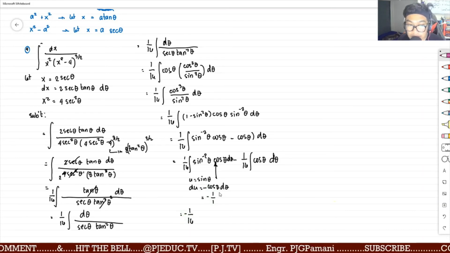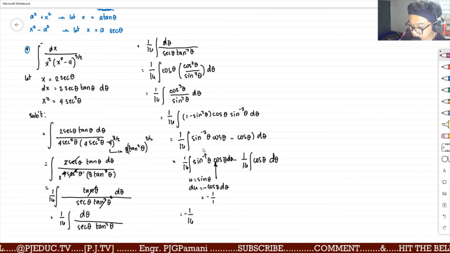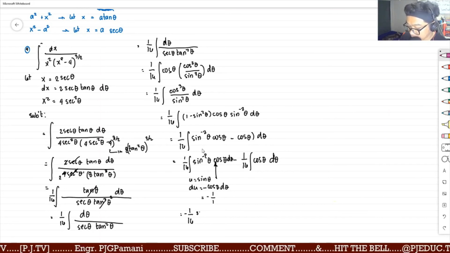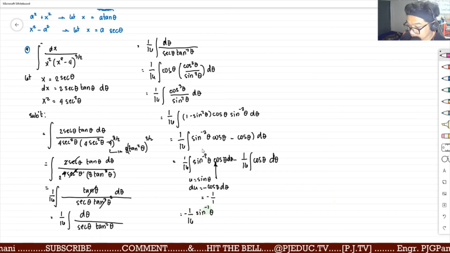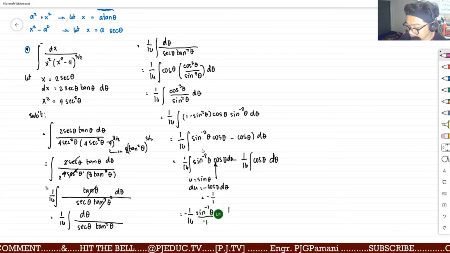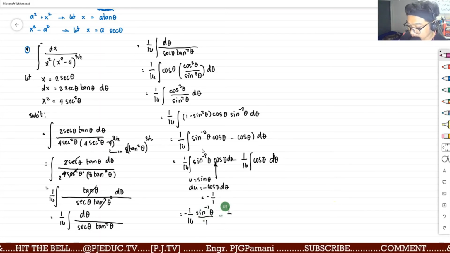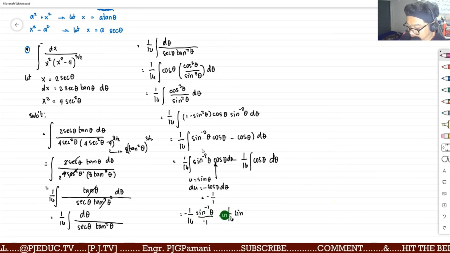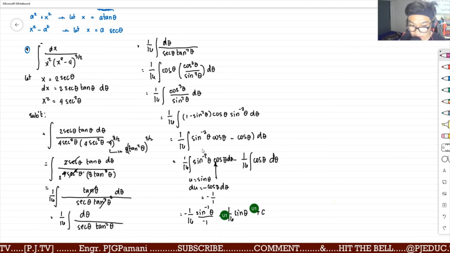Power rule na lang si sine raised to -2. -2 plus 1 is -1. So that is now sine raised to -1 theta over -1 minus integral of cosine theta is positive sine plus c.